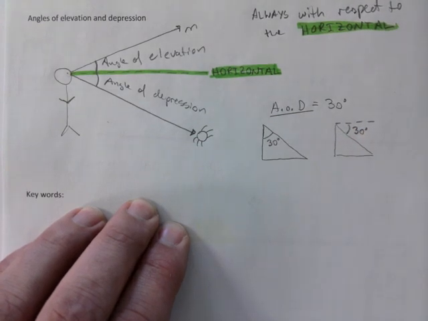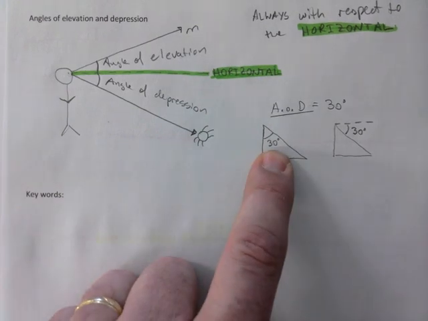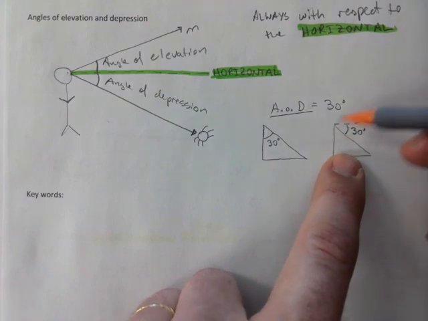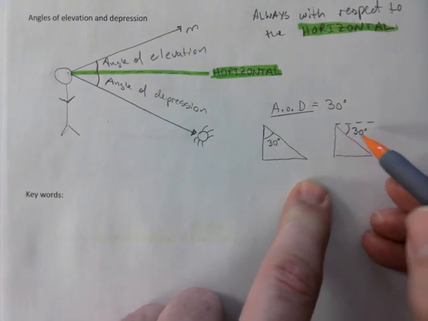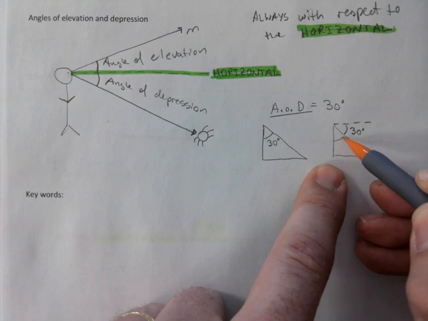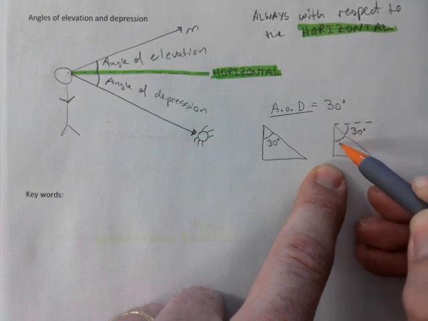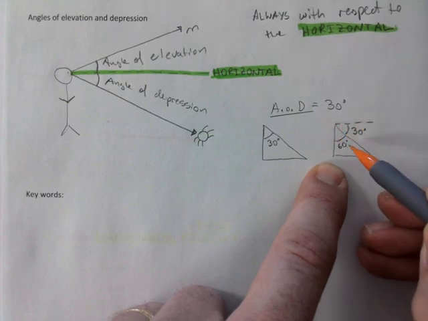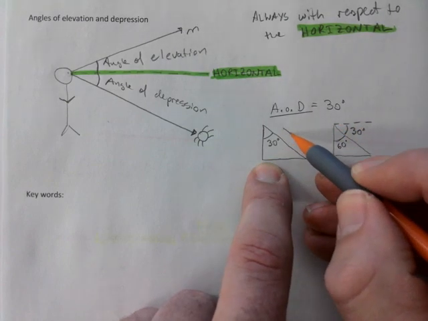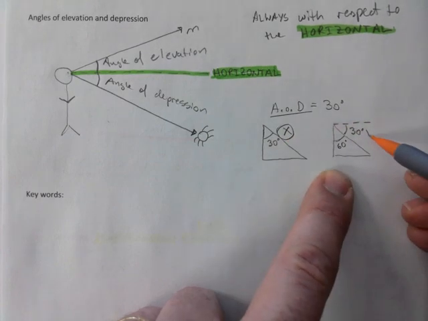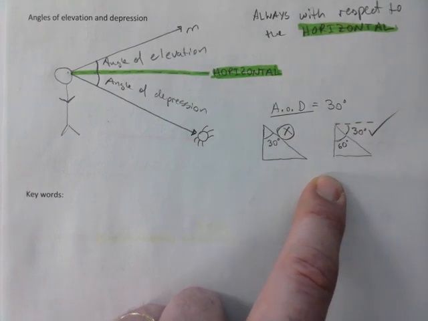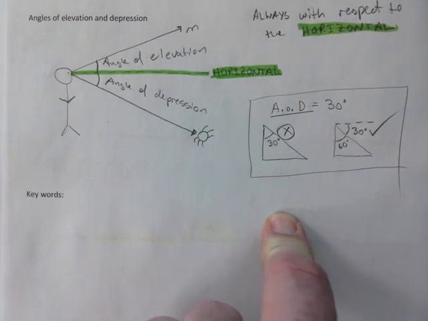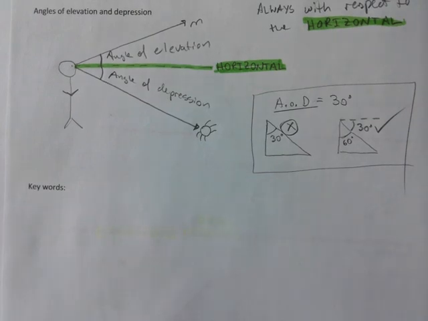Which one is correct? Not this one. There's no horizontal there. There's a horizontal there, right? See it? This one. So you can bring an angle in. What would the angle be in here? It would be 60, right? Because we know that there's a 90 formed here. So yes, it's 60, but this is wrong. So you go X here, you go check mark there. So this is a little aside for you to make sure you don't mess up on that.